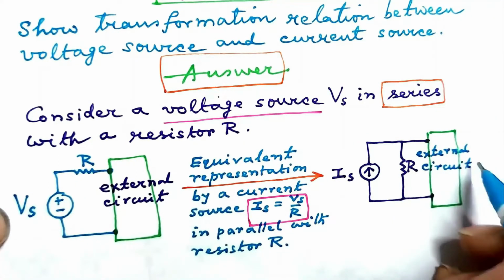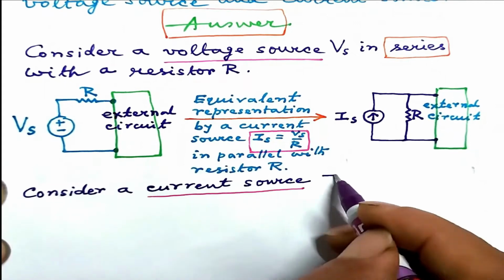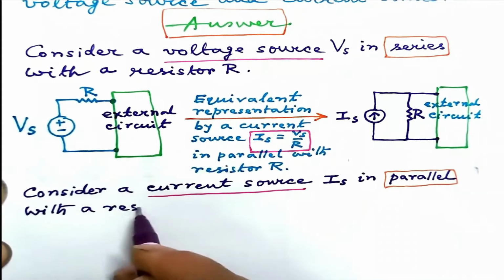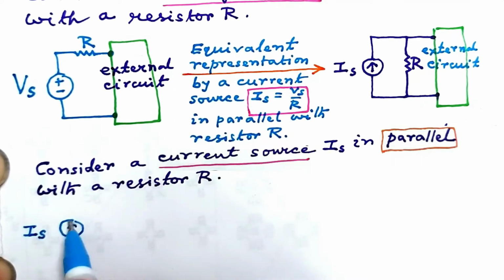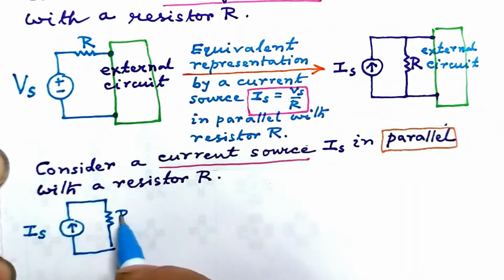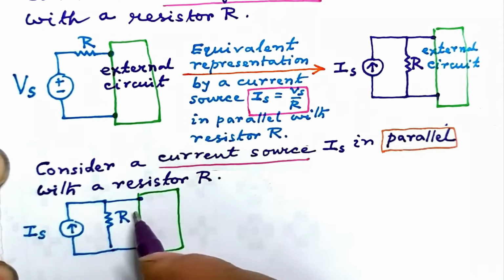So voltage source Vs in series with resistor R is equivalent to a current source Is equal to Vs by R in parallel to the resistor R. This is the transformation relation between the voltage source and the current source. Let us start the other way around. Consider a current source Is in parallel with a resistor R. This is current source Is in parallel to the resistor R connected to an external circuit.